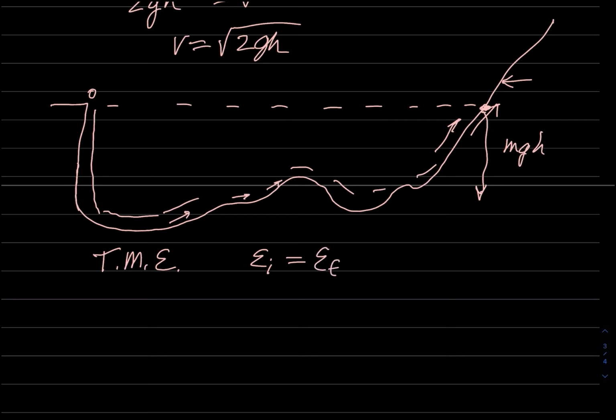And its total mechanical energy here is mgh. So when it finally runs out of kinetic energy, it's going to climb to mgh again. If there is friction along the way, then it's going to lose energy as it travels, and its total mechanical energy will be less than this, and it will end up not as high when it runs out of steam and stops moving.